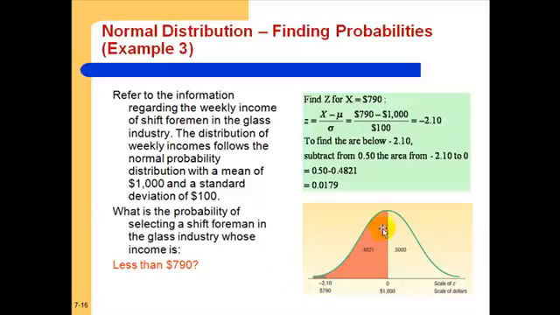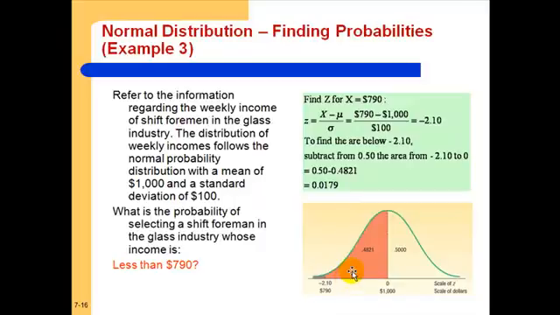Remember, the whole area under the curve is 1, and the normal probability distribution is symmetric, so this half will be 0.5. We just deduct 0.4821 from 0.5, and we get the purple area, which is 0.0179.